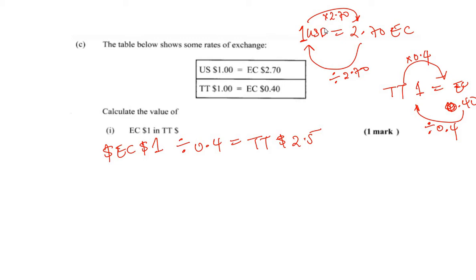Now, what's the connection? We can convert from US to EC, and we can convert from TT to EC. So therefore, it's best to convert whatever we have to EC so that we can easily convert it to the other.